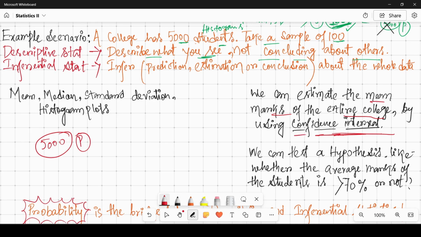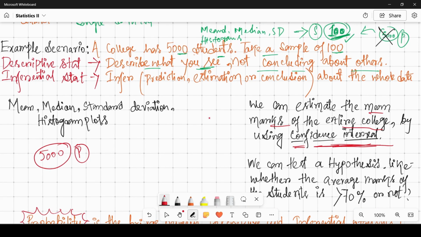Confidence interval is a method used under inferential statistics, and instead of having the mean value of the 100 students, as we would with descriptive statistical methods, in case of inferential statistical methods we can implement a confidence interval, and this can tell us the mean or average of the marks of those students, like the whole population.